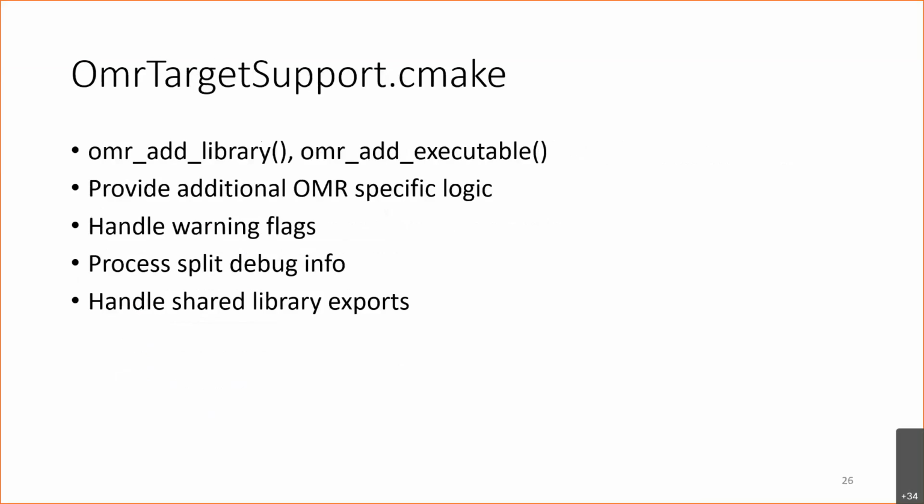So depending on the OMR warnings as errors variable, it will apply Werror or whatever the toolchain equivalent flag is to that target. In addition, it handles generating the split debug info and also handling exports from shared libraries, if applicable to the given platform.